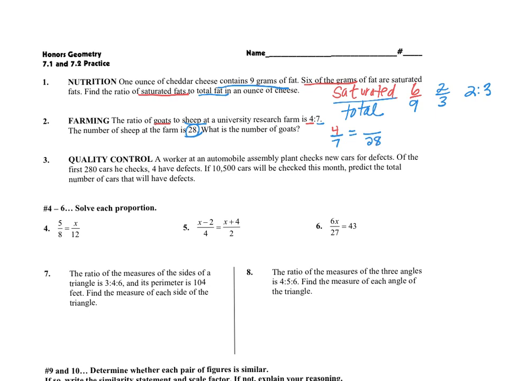And what we're looking for is the number of goats, which will go there. We've got a proportion set up, so now we just need to cross multiply. We're going to get 7x is equal to 112, and dividing out, that is going to give us 16 goats.